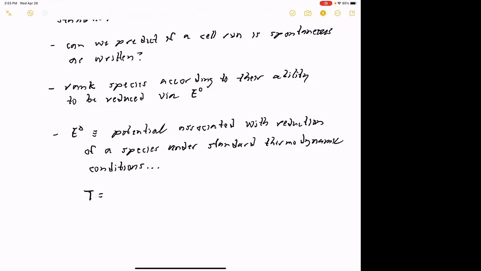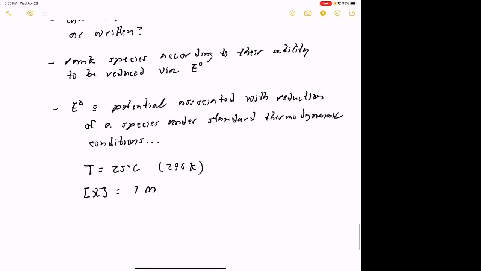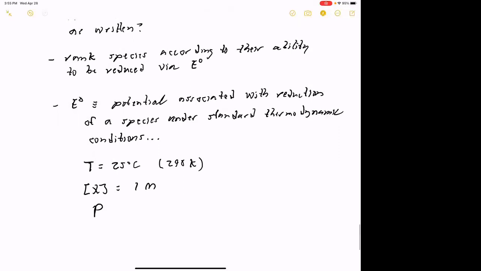Standard thermodynamic temperature is 25 degrees Celsius, so that means the measurement's being made at room temperature. It's also 298 Kelvin if you want to do that in terms of Kelvin temperatures. Concentration, if it's a soluble species, has to be set at 1 molar concentration. That's standard concentration. And finally, pressure.